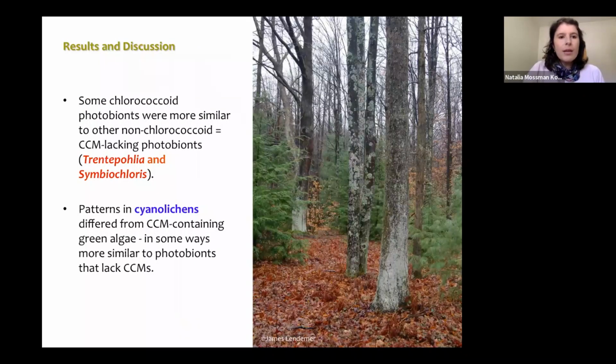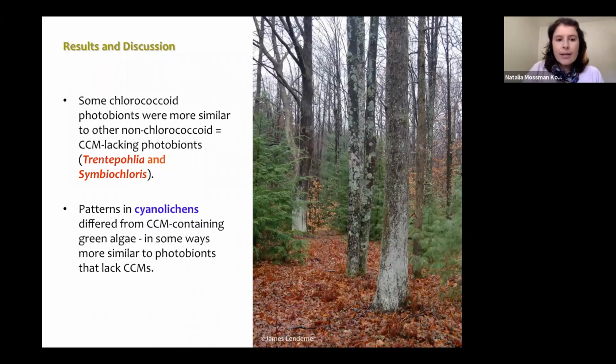So we highlight that some chlorococcoid photobionts were more similar to non-chlorococcoid ones, which means that CCM-lacking photobionts were similar to each other, as shown here with Trentepohlia, a non-chlorococcoid, and Symbiochloris, a chlorococcoid photobiont.